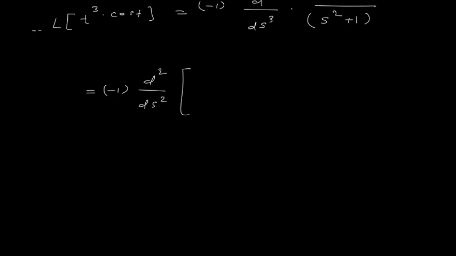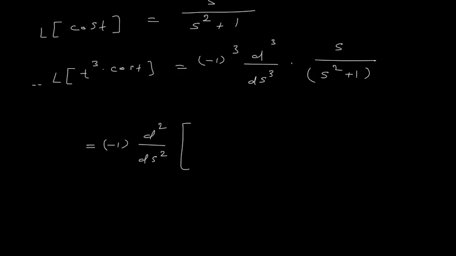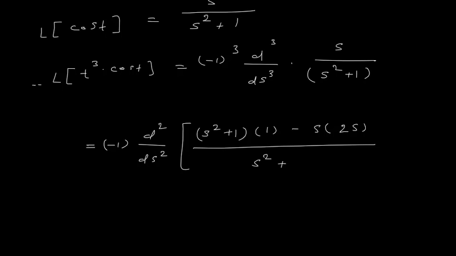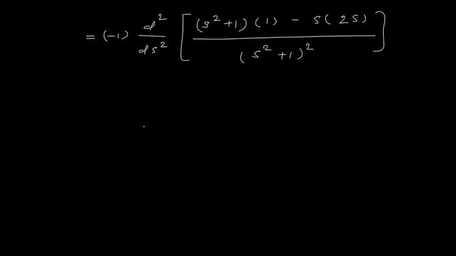And here I have to differentiate, means I have to use u upon v method. So it is s square plus 1 into derivative of s is 1 minus s into derivative of s square plus 1 is 2s whole divided by s square plus 1 the whole square. Okay, so this is one time differentiation I have done.